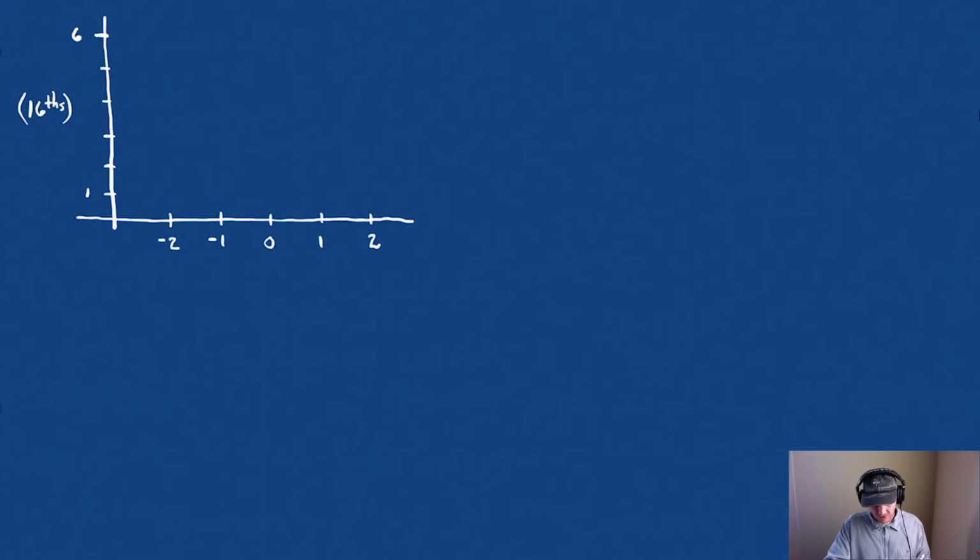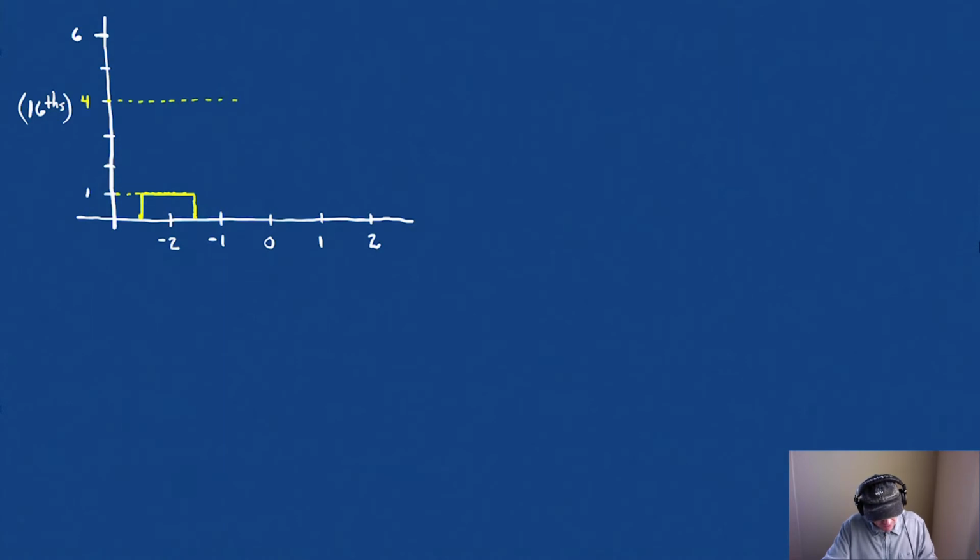Now notice, let's make our histogram. And our first bar, now remember the class boundaries are going to be at halves. So from negative 2.5 to negative 1.5, and it's going to come up to a height of 1. So our first bar of our histogram looks like this. Okay, our next bar goes up to 4. Well, 4 is right there, so let's come over here.